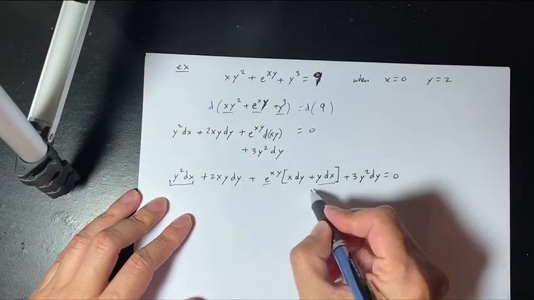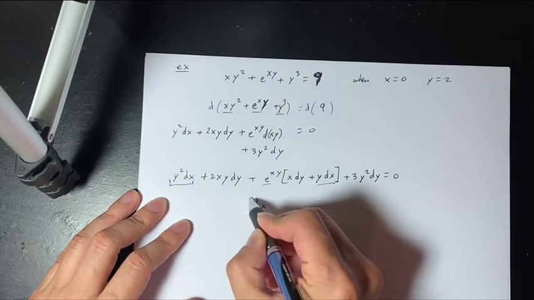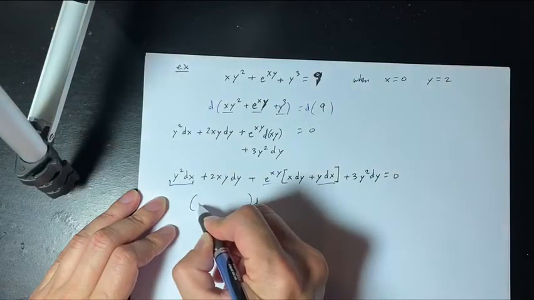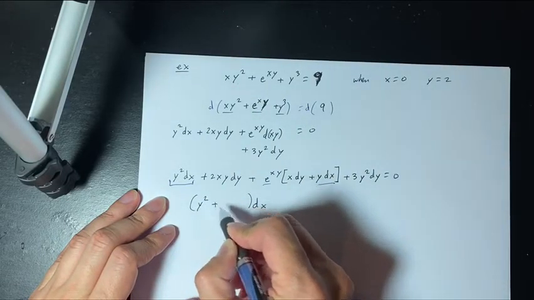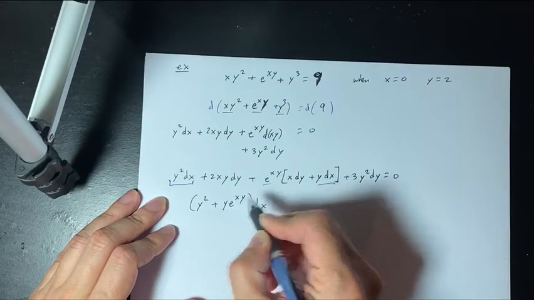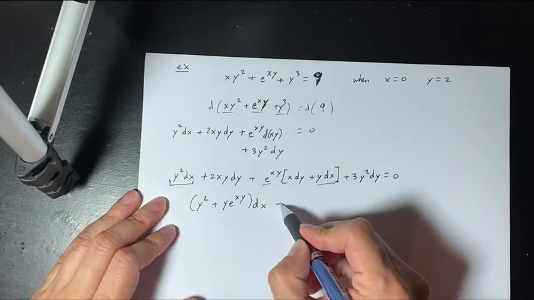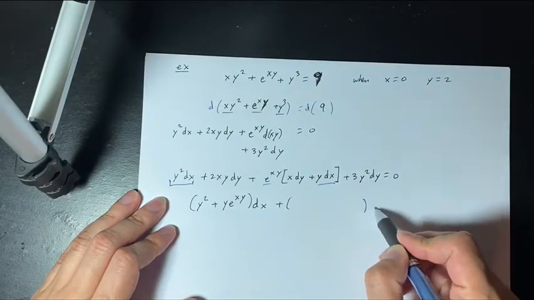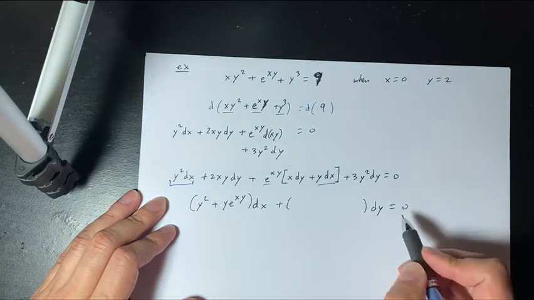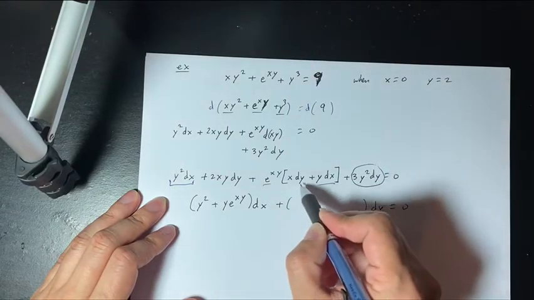So my dx, if I group all my dx together, you have a y squared, and that's going to be a y e to the xy. If I group all my dy together, here's a dy term.